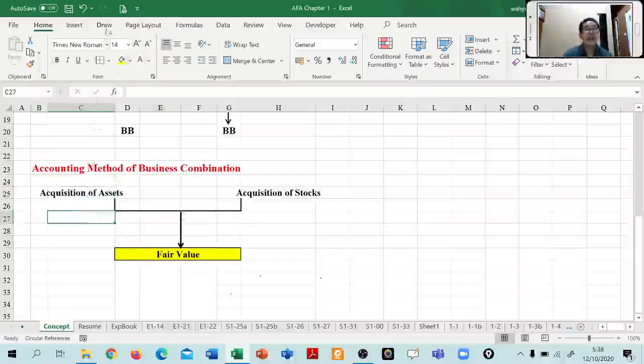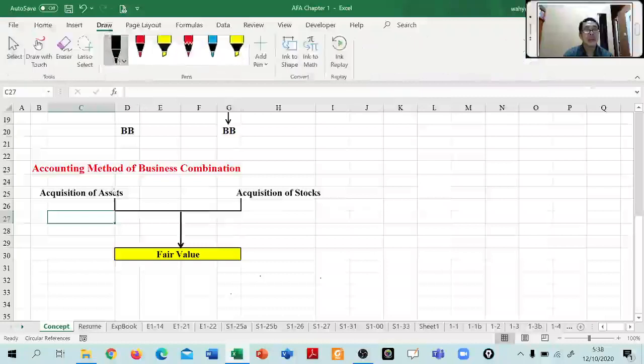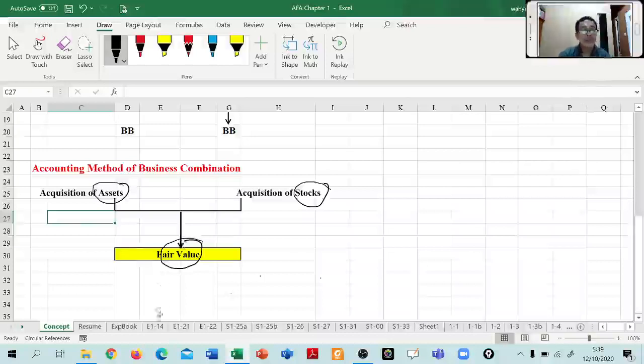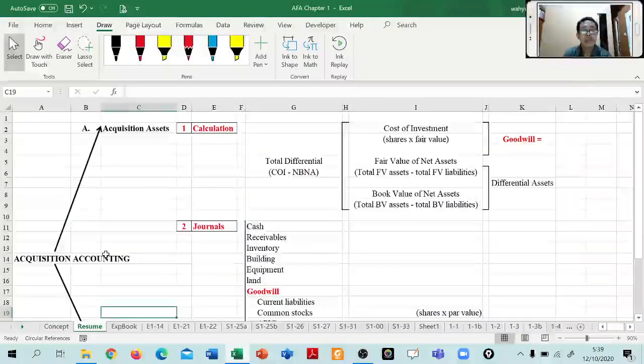Don't forget that there are two kinds, acquisition of asset and acquisition of stock, because the calculation of asset will be different from the acquisition of stock, and all of these methods must use fair value, or nilai wajar. Okay, fair value.